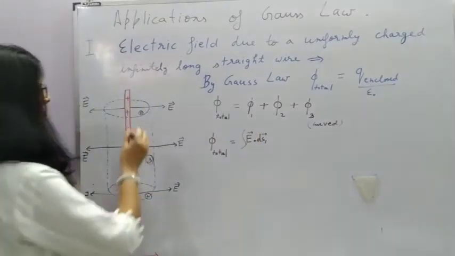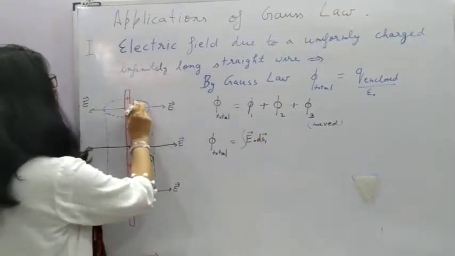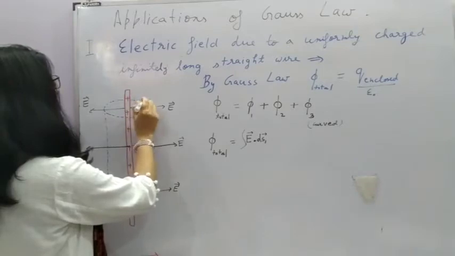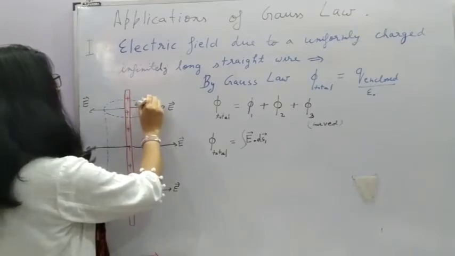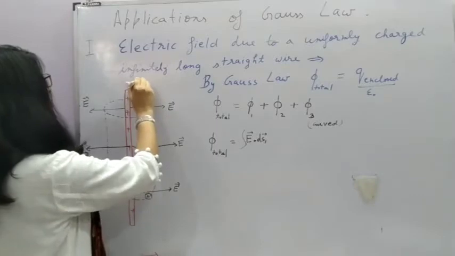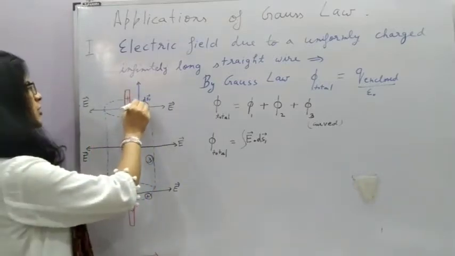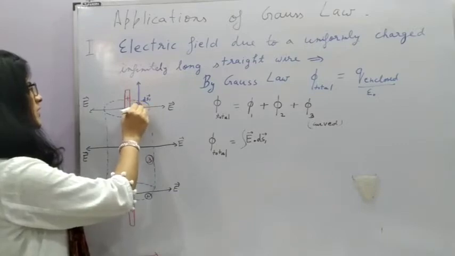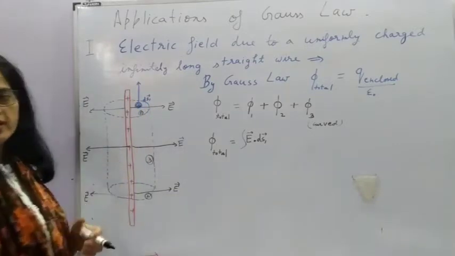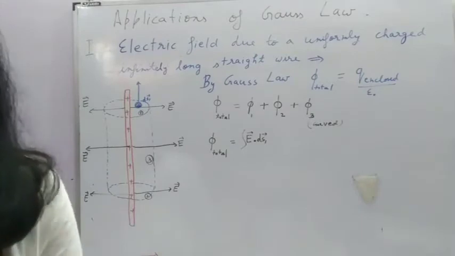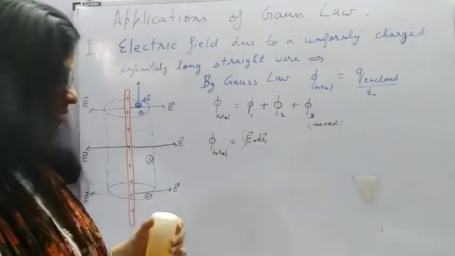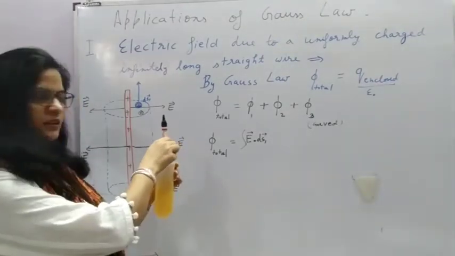So what is ds1? We have considered a small surface area ds1 over here whose direction is normally outward. We know that the direction of the surface area vector is always normally outward. That means for this top surface, the surface area vector will be this way.